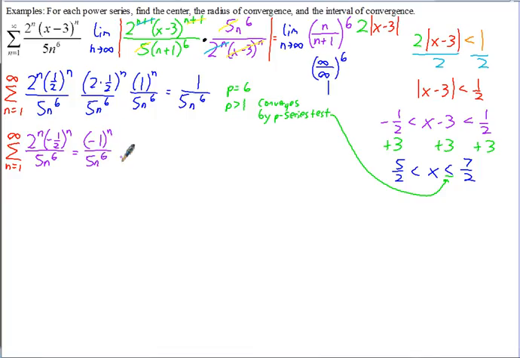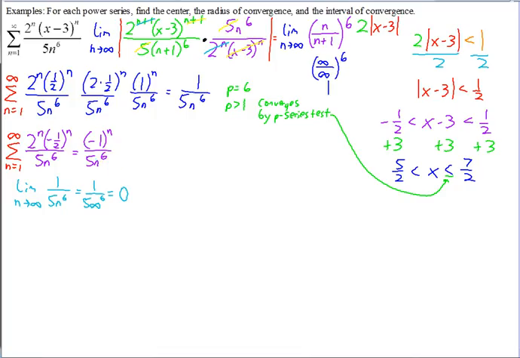So again, since it's got that negative 1 to the n, this is going to be an alternating series. So if we just find the limit as n approaches infinity of 1 over 5n to the 6th, you can see that would be 1 over 5 infinity to the 6th, which would be 0. That's the first test. And then just to make sure the terms keep getting smaller and smaller, you plug in 1, you get 1 over 5, you plug in 2, plug in 3, you can see the denominator gets bigger and bigger, making it smaller and smaller.